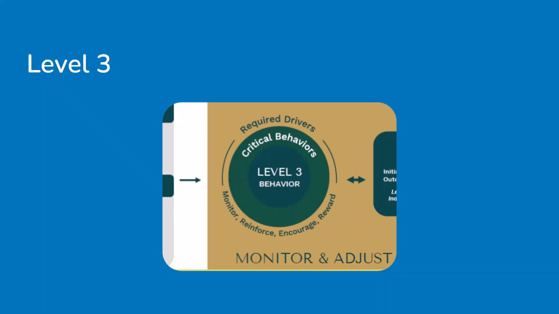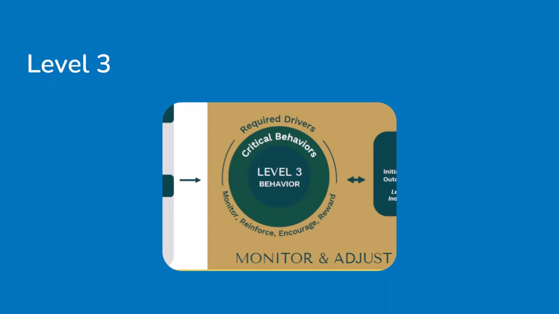So, if you had an instructor-led training or an e-learning, and now they're being reinforced by a job aid, how could you encourage them? Coaching is a simple example of encouraging. Reward, pay for performance. That could be an example of reward.